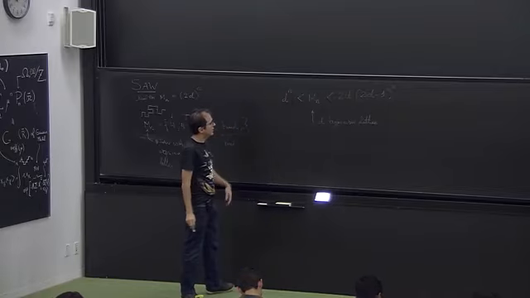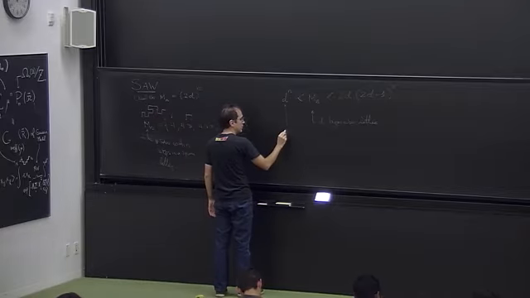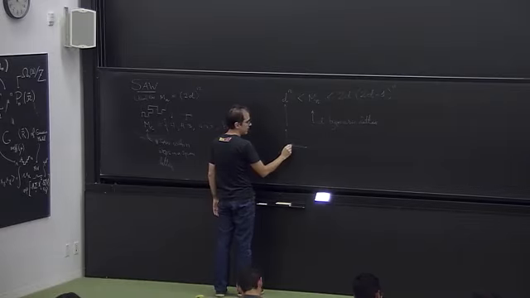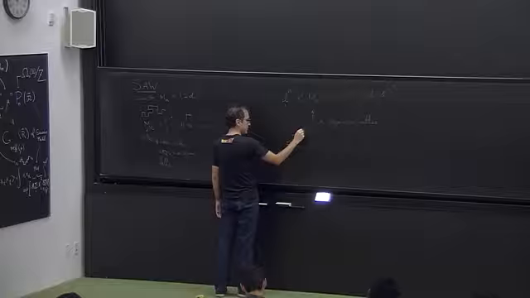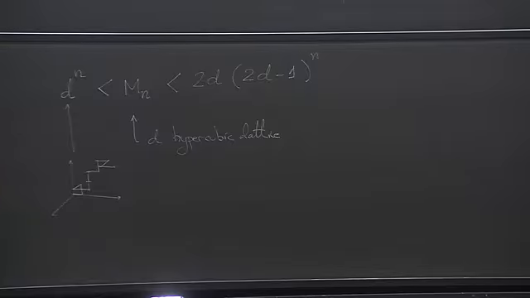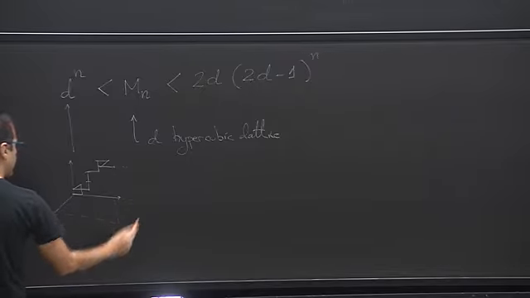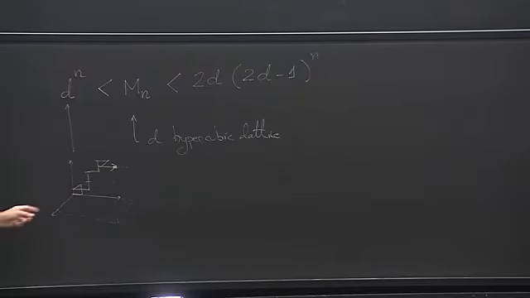So it would be bigger than d to the n, and these would be walks where, say in 3 dimensions, at each step I choose one direction to go, but always positive. So by definition I'm always moving in this direction, and it never self-intersects.